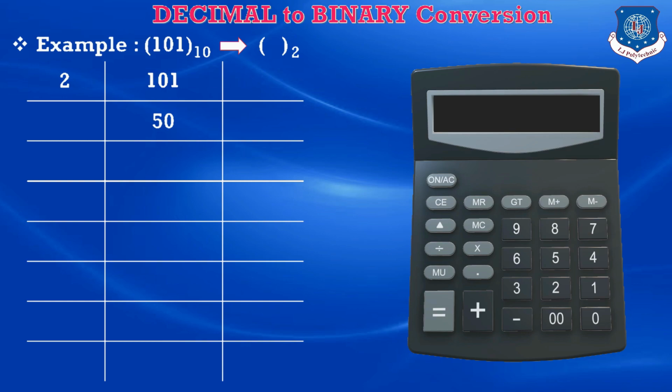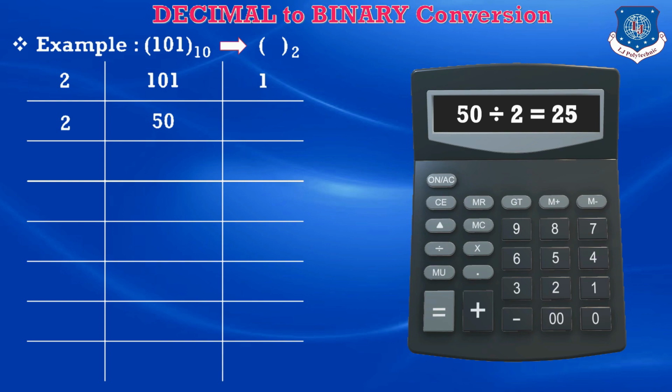So we need to multiply this 0.5 with 2. Why 2? Again, 2 is the base of the binary number system. That's why we must convert any fractional value by multiplying by 2. Then we get the answer 1 over here. So now this 1 becomes the remainder. Now in the next step we follow this whole procedure again. 50 is divided by 2, then we get 25.